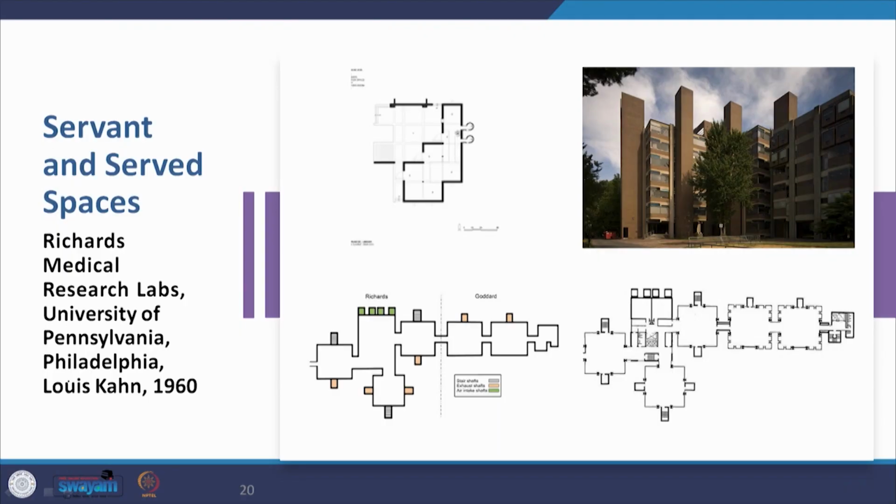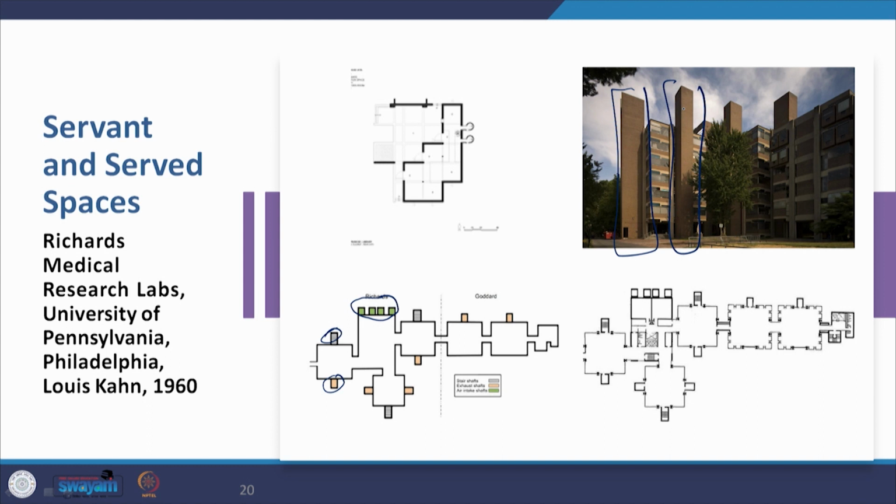And how does it work? These facilities that you see here, these projections that are visible also in the picture, they are having the staircases, the exhaust shafts. So the services are provided in these modules which are attached to the building.